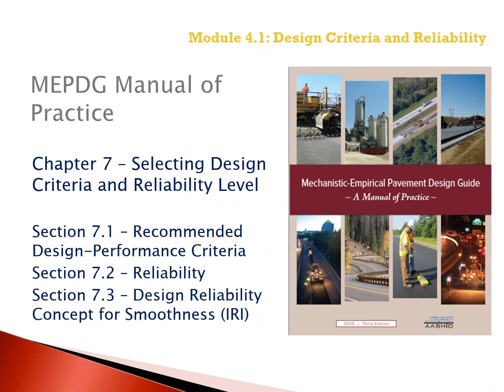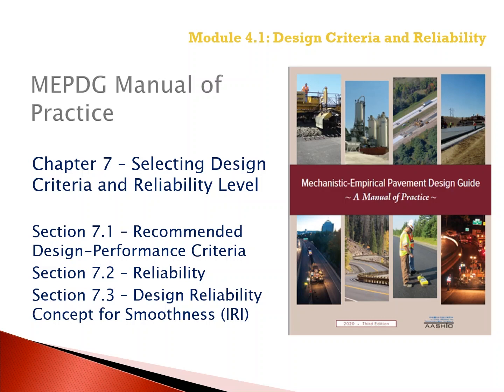Chapter 7 in the MEPDG Manual of Practice overviews selecting the design criteria and reliability level. As mentioned in Module 3 that we just covered, Section 7.1 provides the recommended design performance criteria.